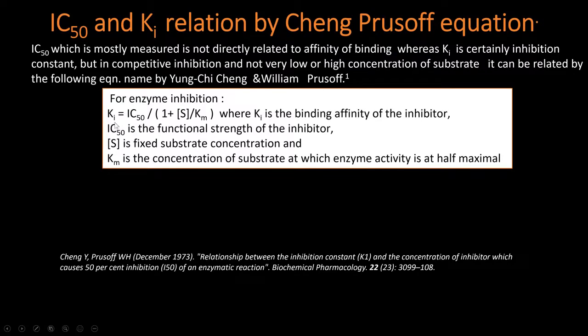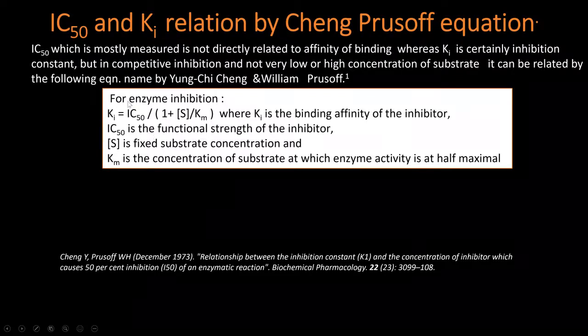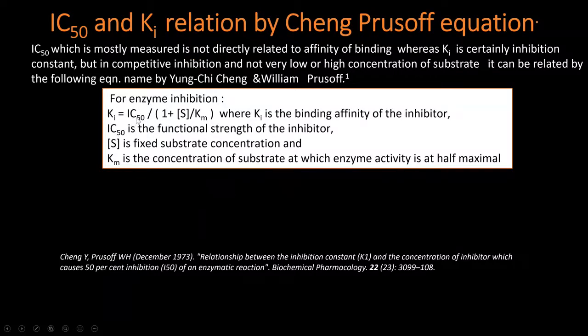Ki is related to IC50, but also a function of the substrate concentration divided by Km. That means IC50 is the functional strength of the inhibitor, but it is not the actual inhibitor strength. And that IC50 will depend on many factors, I'll come to that also.